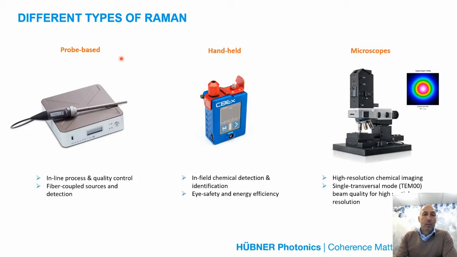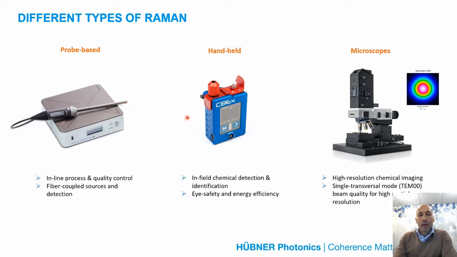So we have probe-based Raman instruments that are providing quantitative data suitable for inline process and quality control. And here the lasers are coupled into typically multimode fibers into a probe, which is immersed into or put in contact with the sample that is being studied.